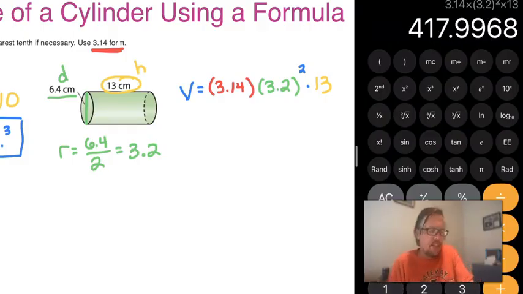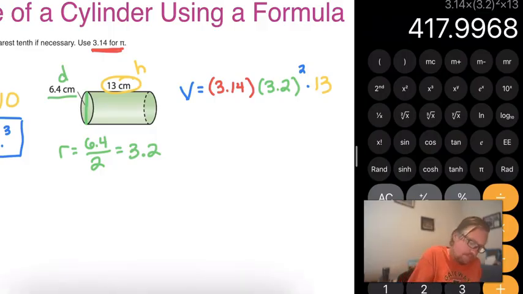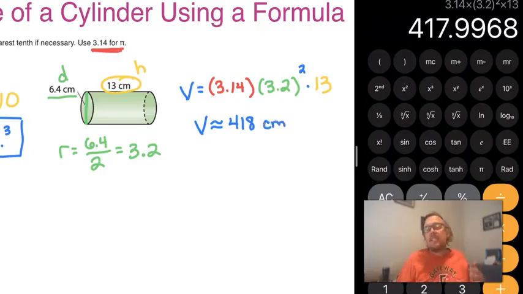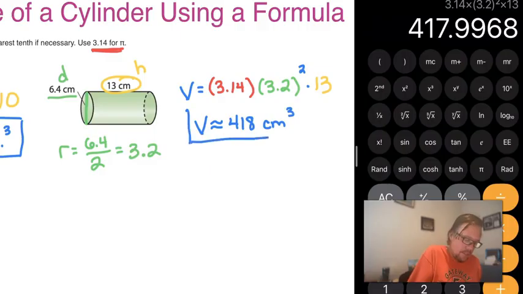And the calculator says 417.9968. I feel like it's probably okay for us to round that to 418. I'm going to do approximately to show that I'm rounding it. 418 is my answer. The unit is centimeters, and because it is volume, it's going to be cubic centimeters.